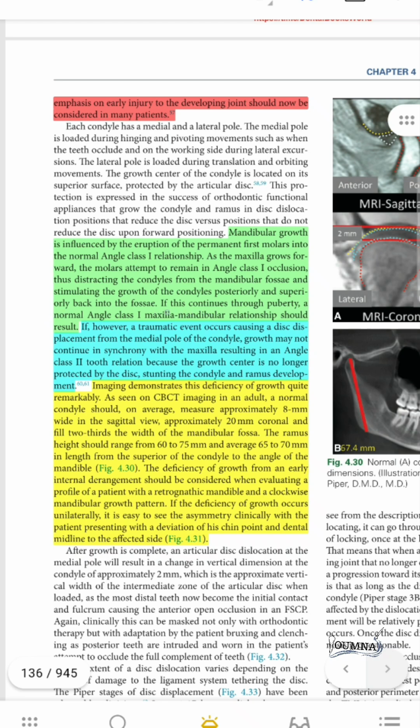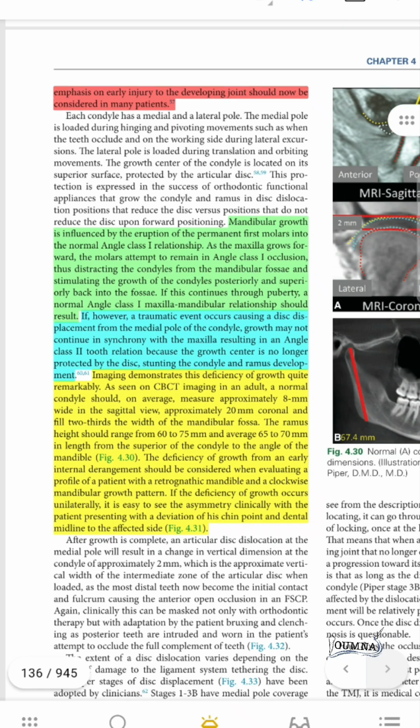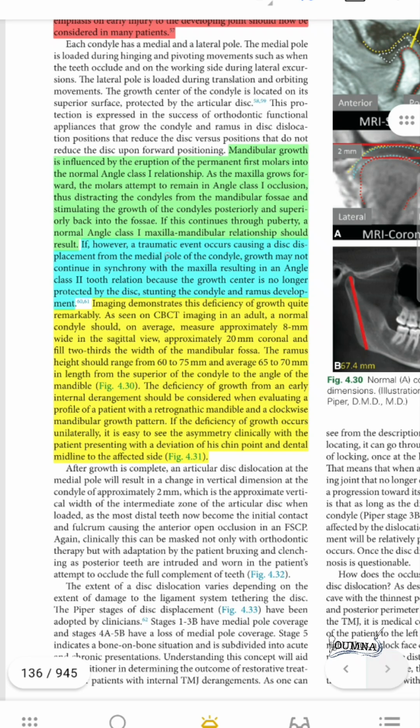If this continues through puberty, a normal Angle class 1 maxillo-mandibular relationship will be the result. If, however, a traumatic event occurs, causing a disc displacement from the medial pole, growth may not continue with the maxilla, resulting in an Angle class 2 tooth relationship.